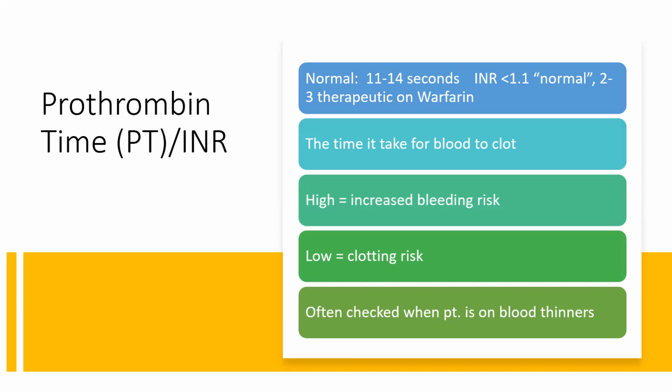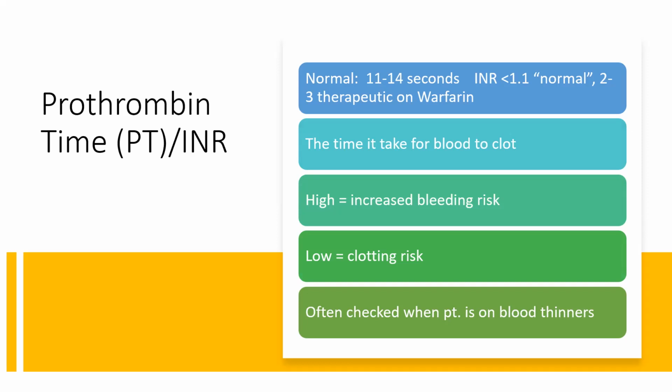But warfarin has just a very tiny window of being toxic versus non-toxic, which is called a narrow therapeutic index. And so when our PT and our INR are high, there is an increased risk of bleeding because warfarin is a blood thinner. So we anticipate when we give a blood thinner that it takes longer for the blood to clot. When these numbers are high, that's an increased risk of bleeding. When they're low, they're at high risk for clotting.